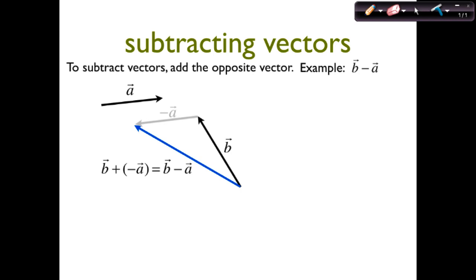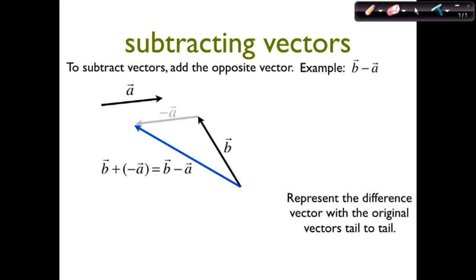So more often, we're going to do it this way. We're going to start by putting the vectors tail to tail. So that's a good start. But normally, when you're subtracting vectors visually, you don't do the opposite of the second one and add.